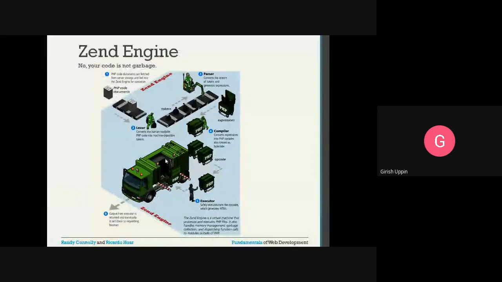So then we have the Lexer, which converts human readable PHP code into machine digestible tokens. Then we have the parser, which takes the stream of tokens and generates the expressions. Then we have the compiler, which converts the expressions into opcodes, similar to bytecode or MSIL.